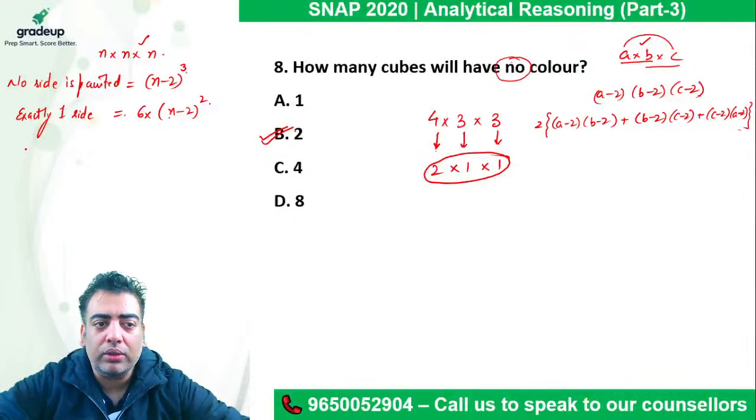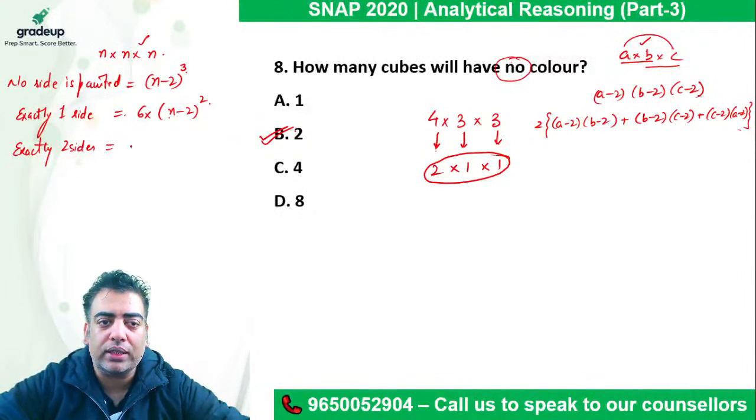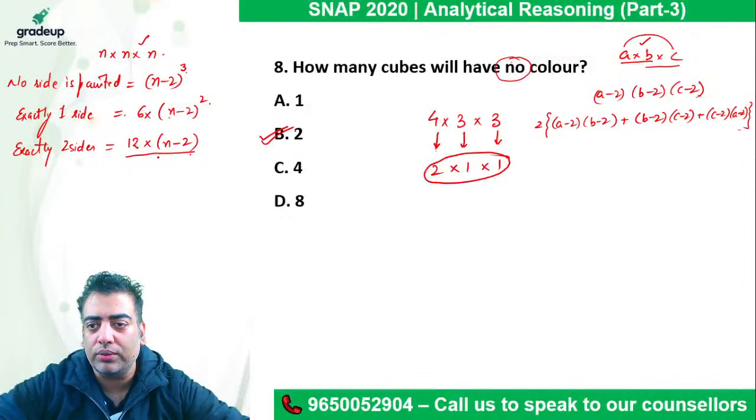If we are required those cubelets whose exactly 2 sides are painted, they are always along the edges, and there are 12 such edges. So we just need to remove the 2 cubelets along the corner. So here the number of cubelets whose exactly 2 sides are painted comes out to be 12 into (n minus 2).